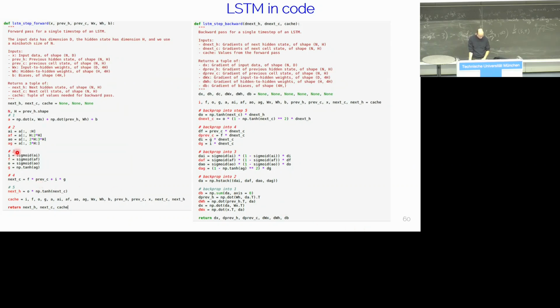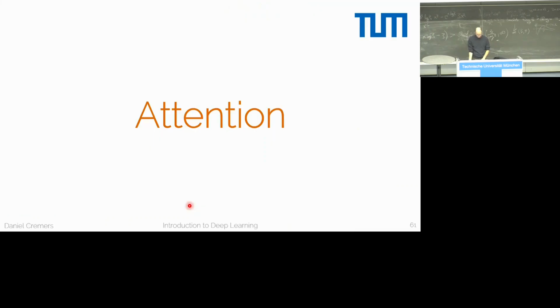And here you're piping everything through the sigmoids, these nonlinearities. That was the LSTM, and as I said, for many years it was the state of the art in time series analysis, and became extremely popular up until attention came into the world.